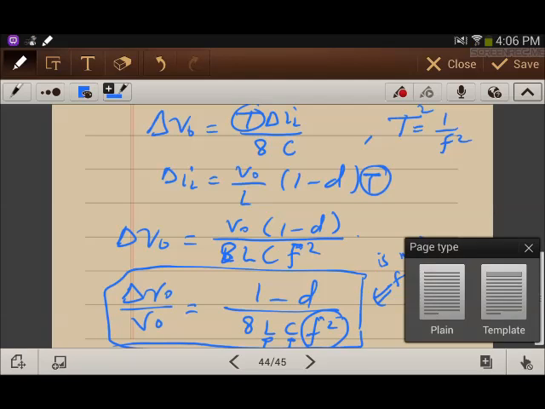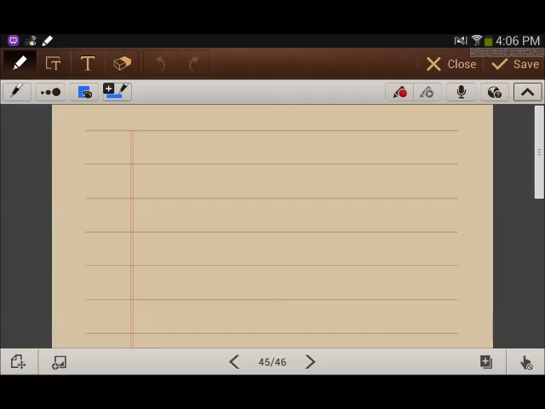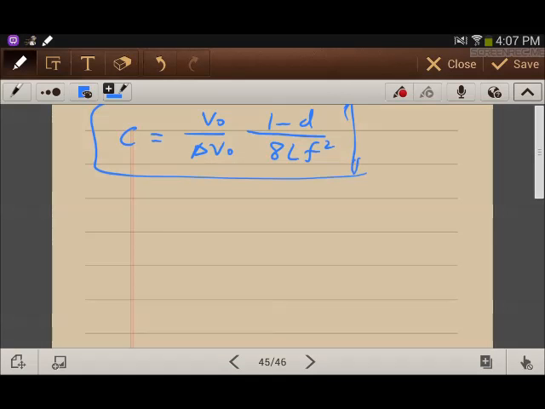So if I want to find the minimum C that gives me a certain level of peak-to-peak ripple in the output voltage, I will get that C equals V out divided by delta V out multiplied by (1 minus D) over 8LF square. And then I multiply the minimum C required by 1.2.